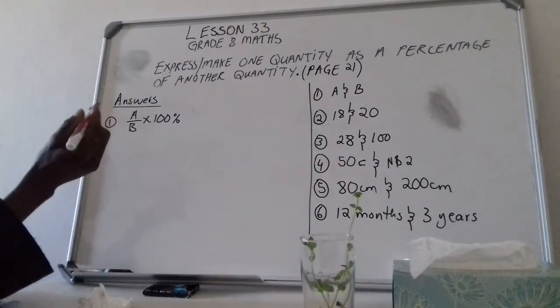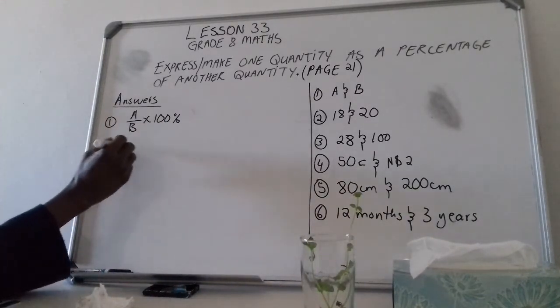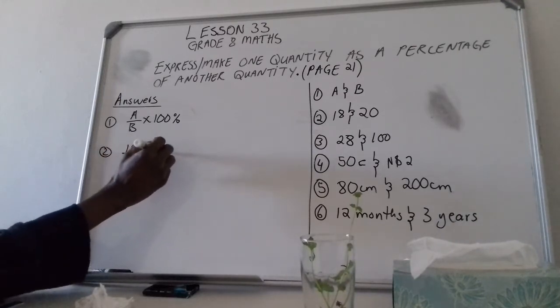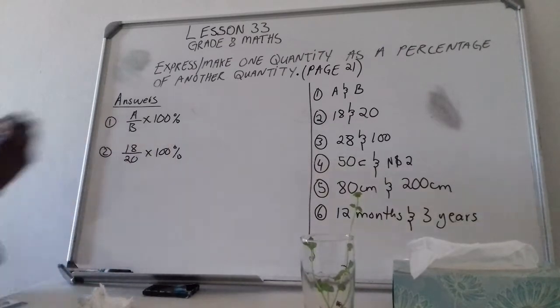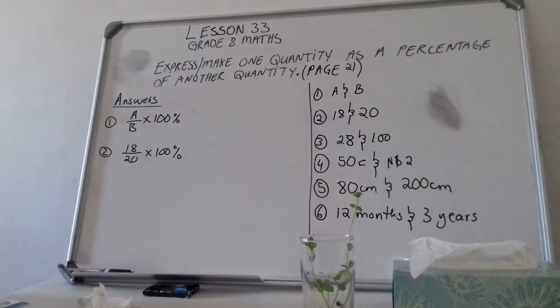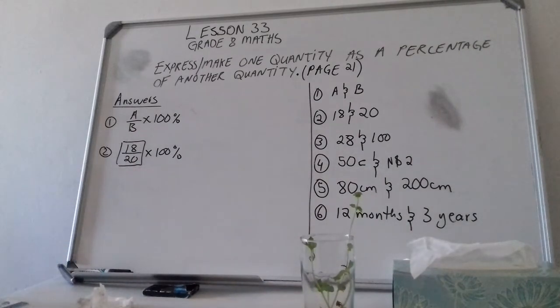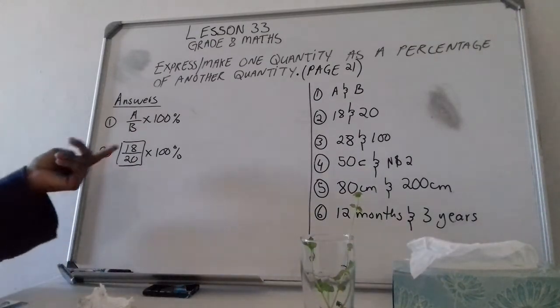So let's quickly do part 2. Part 2 says we have 18 divided by 20, we multiply that by 100. We can do this in two ways, okay? We can simplify this fraction to simplest form, and then multiply it by 100.